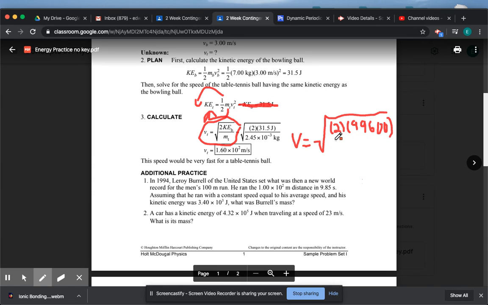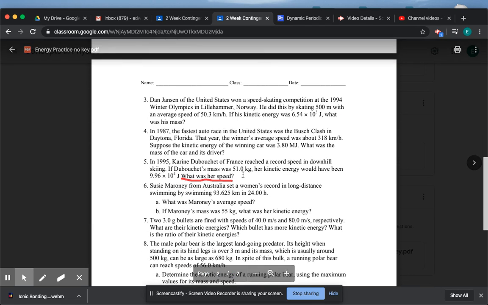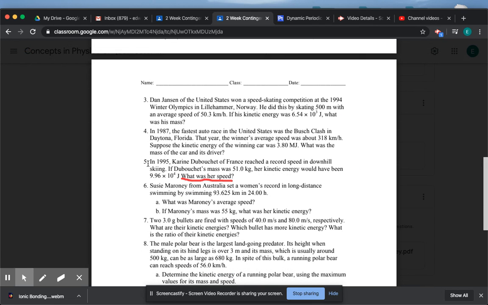And then that divided by the mass, and the mass was 51 kilograms. And then this again, this equation right here, 2 times KE divided by m. You plug those numbers in, and you will get your answer for number 5.